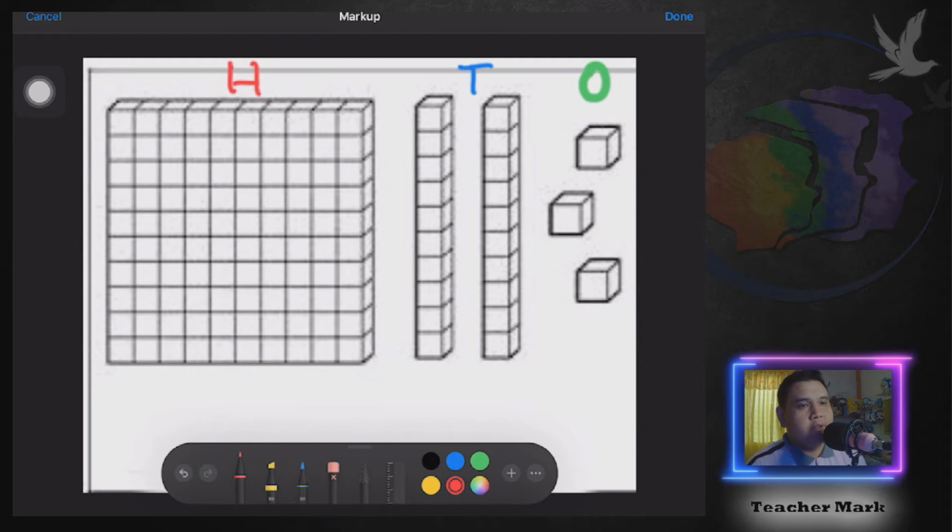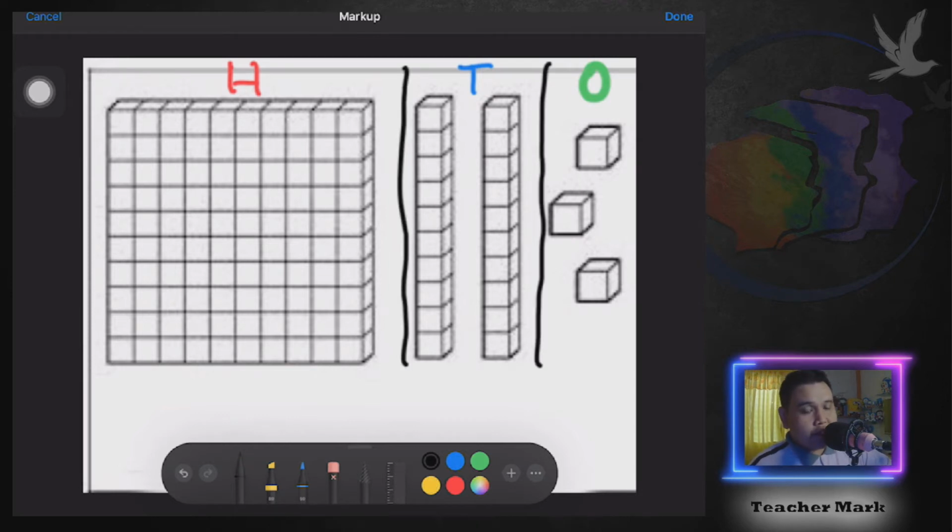To answer this, all you have to do is to count the total number of units present in each place value. So for example, for the ones place, always take note that you should always start counting at the ones place. How many units do you see in the ones place?